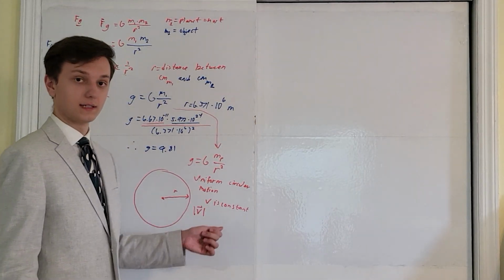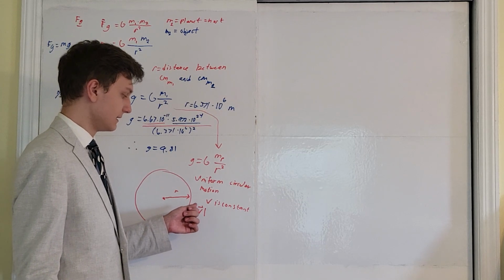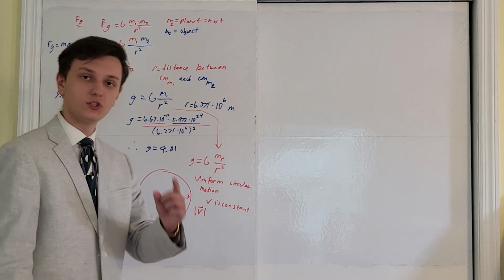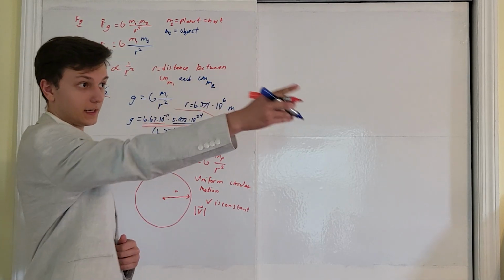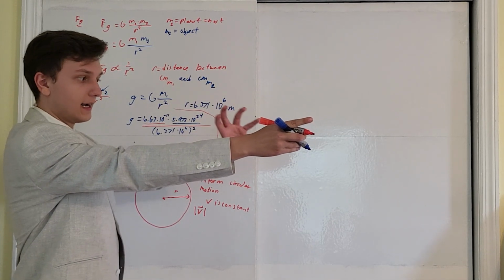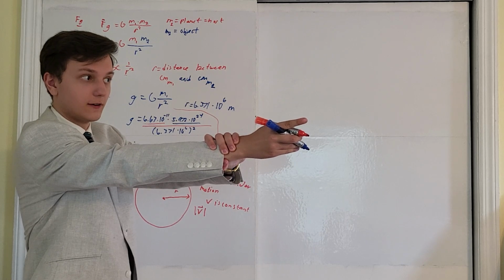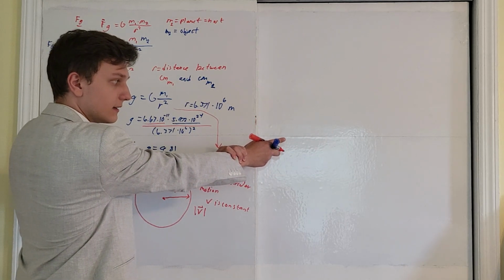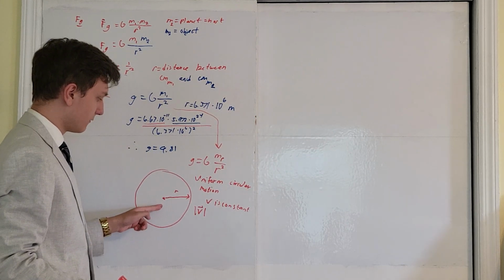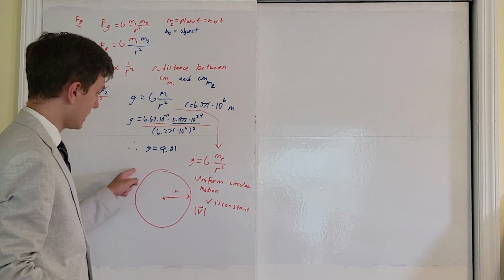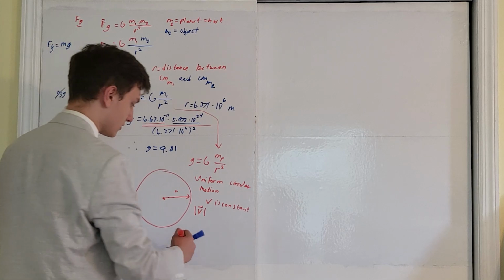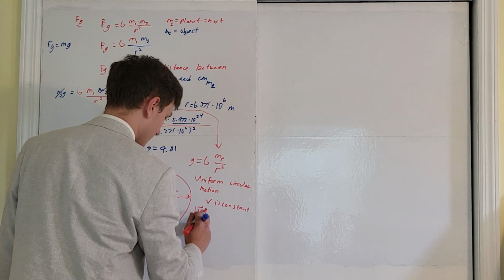So since velocity is a vector, and the direction of that vector is changing, it means you do have a net acceleration, okay? If I am moving in a straight line this way, I need a force to come and act on me if I want to start moving that way. You see? So the force that is acting on you to consistently change your velocity is called the centripetal force.